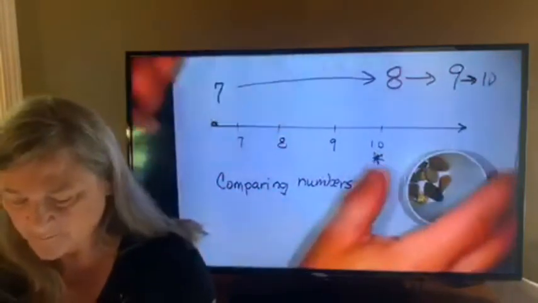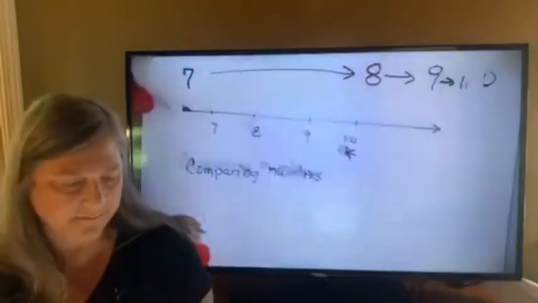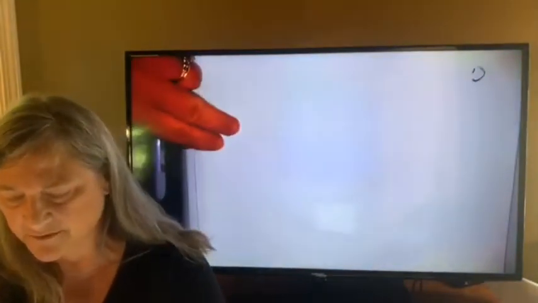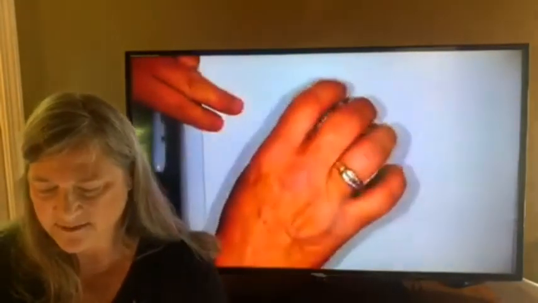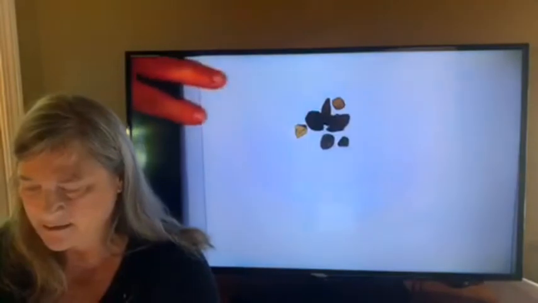So now if we did want to compare, let's say that we wanted to compare two different groups of items. So let's say I have this group here, and then I have this group here.